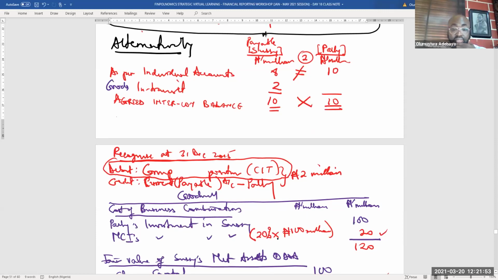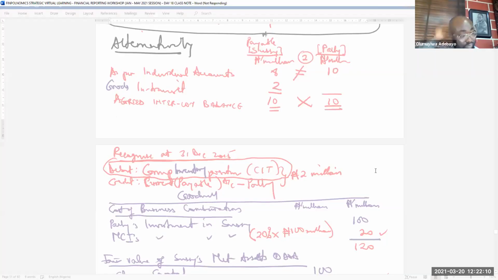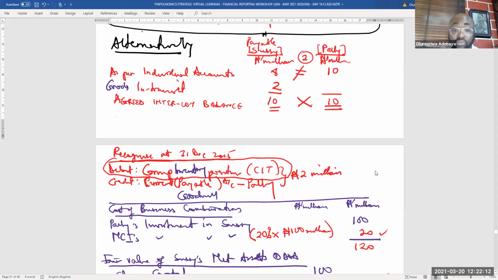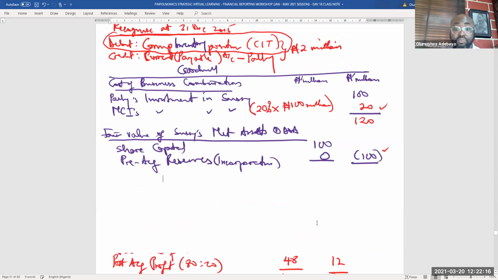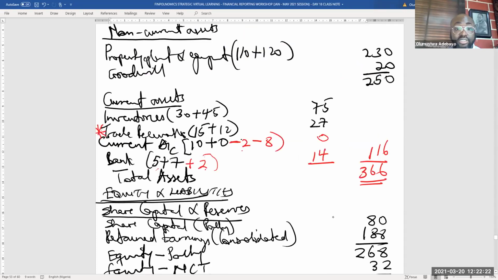Now, all other things remain the same, which then implies that when I come to the balance sheet, since it's not bank that is affected, this adjustment is not required.